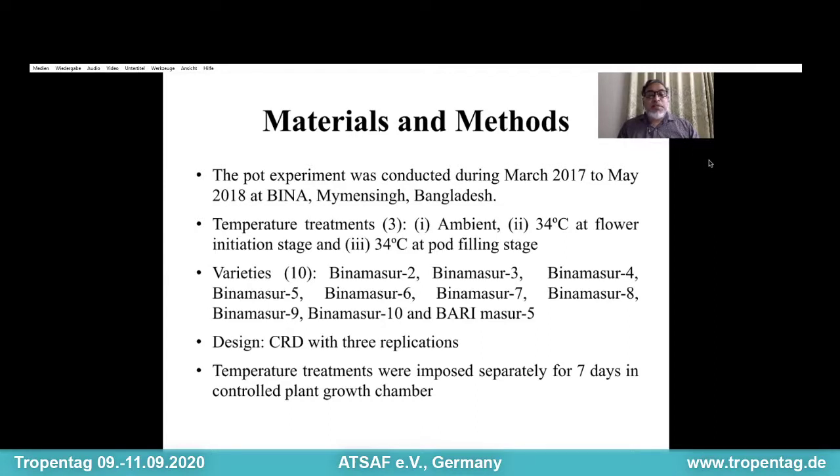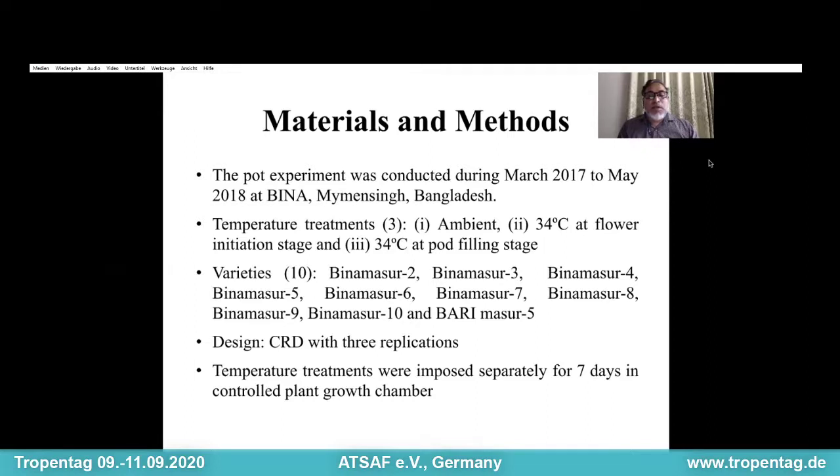There were 3 treatments of temperature: ambient, 34 degrees Celsius at flower initiation stage, and 34 degrees Celsius at pod filling stage of lentil varieties. In this study, 10 high yielding lentil varieties were used. The design of the experiment was completely randomized design with 3 replications.